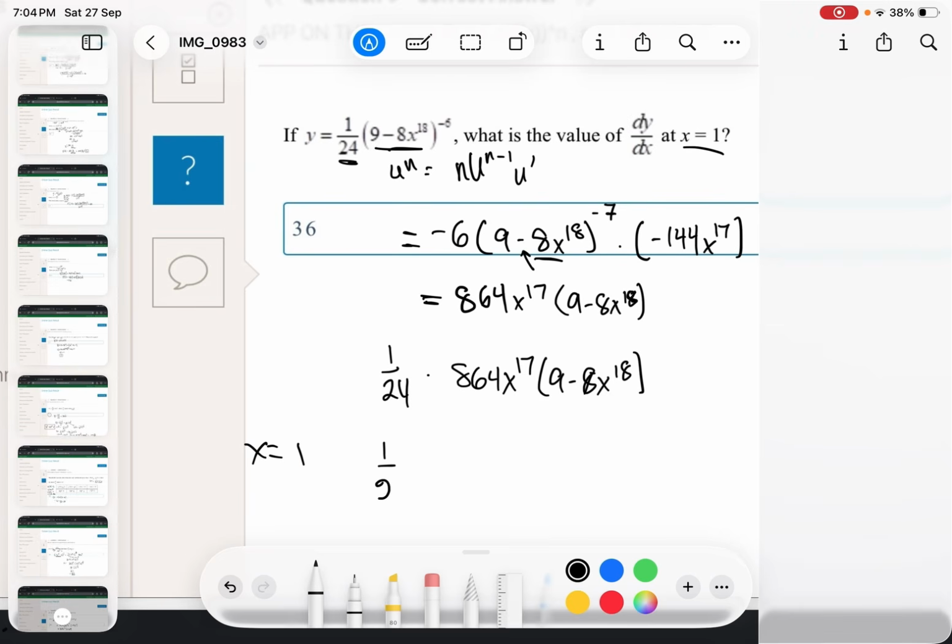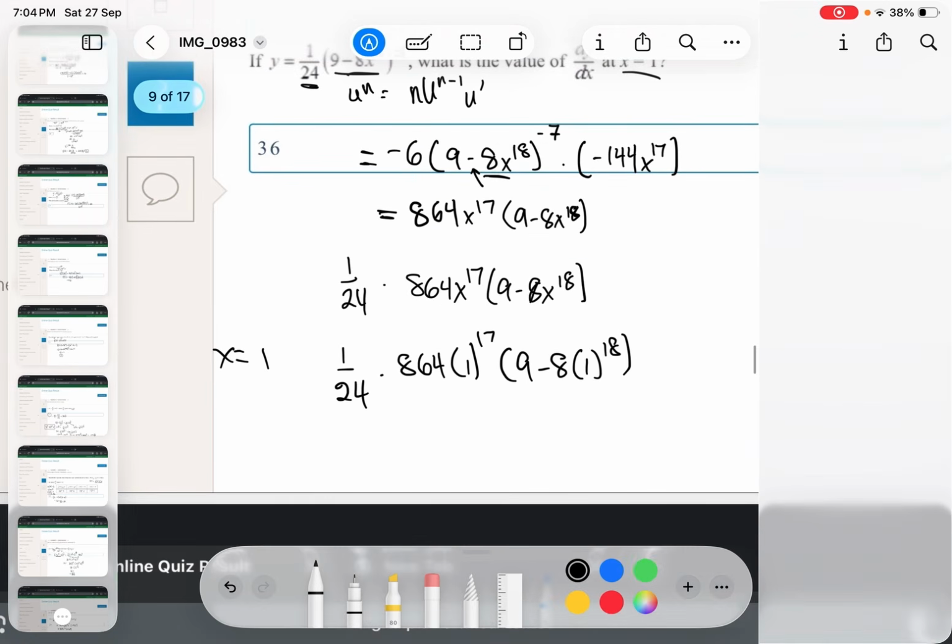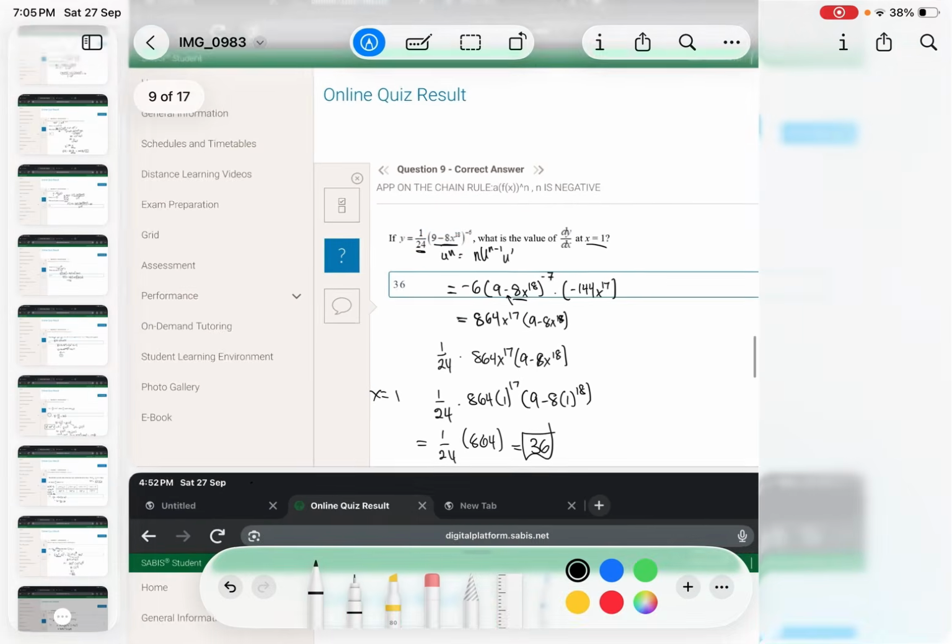So it will be 1 over 24 times 864 times 1 to the power of 17 times 9 minus 8 times 1 to the power of 18. If you solve it in the calculator, you'll get 1 over 24 times 864, which is equal to 36, and that's your final answer.